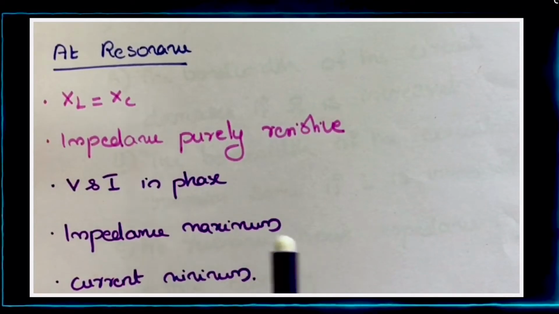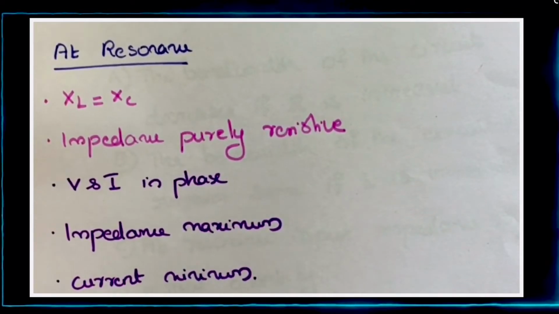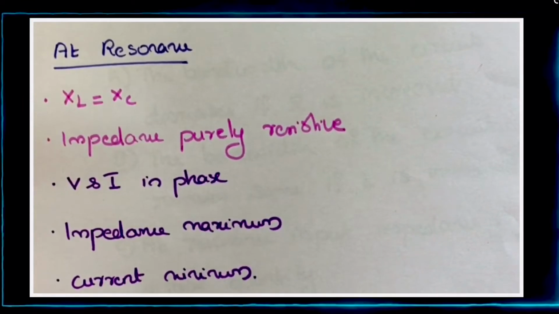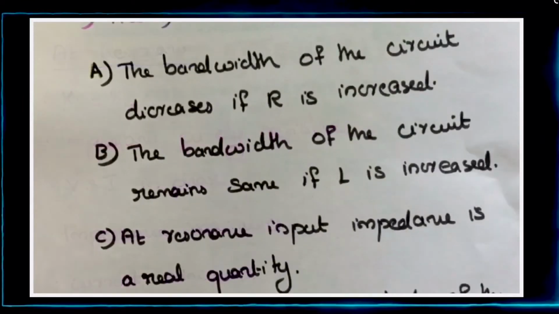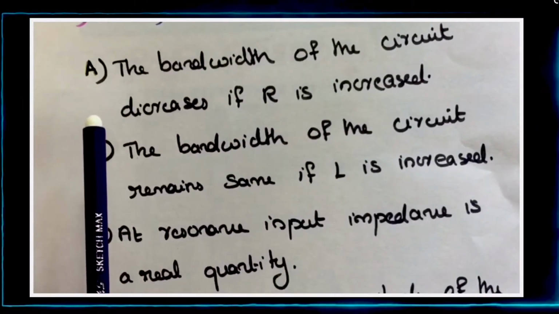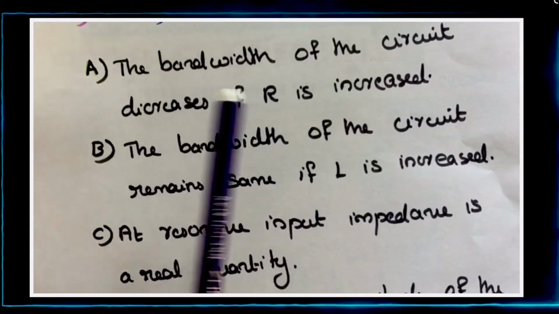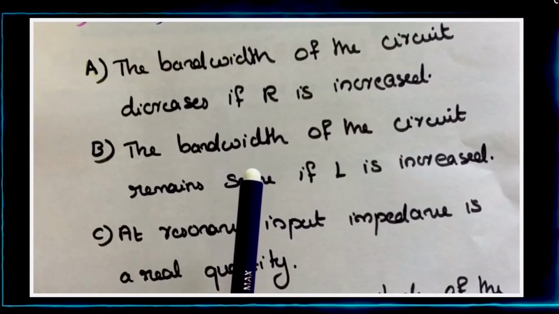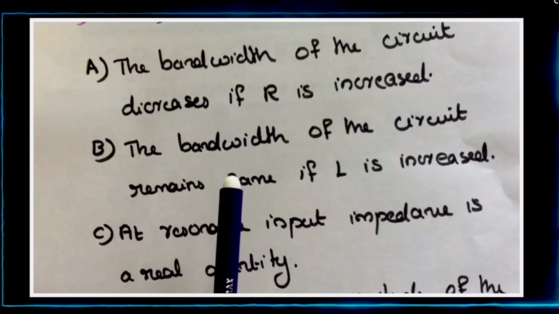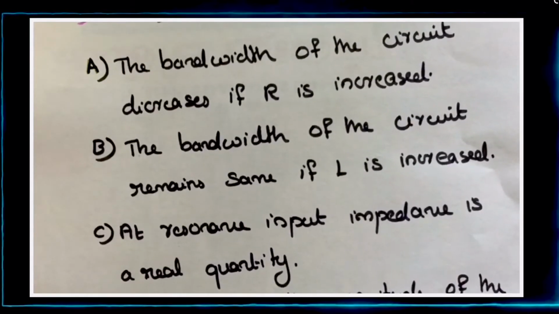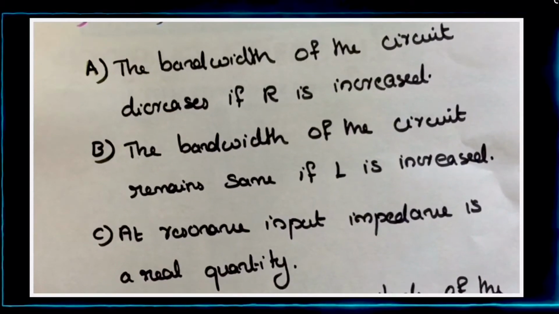Impedance becomes maximum, correspondingly we get minimum current. Now let us check options given one by one and decide which one is not correct. When you look at options A and B, you can see they are related to bandwidth of the parallel RLC circuit. So let's have a quick review on what is bandwidth, what is the expression for it, etc.